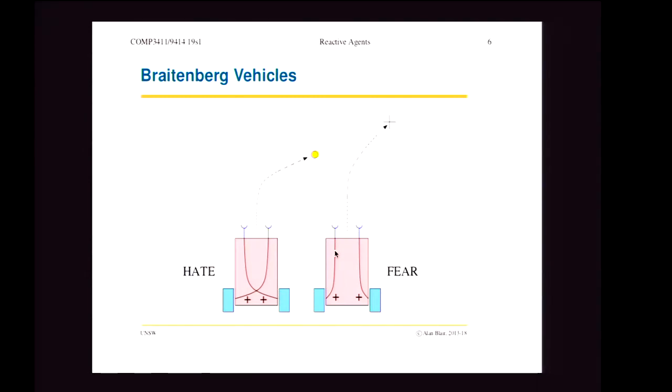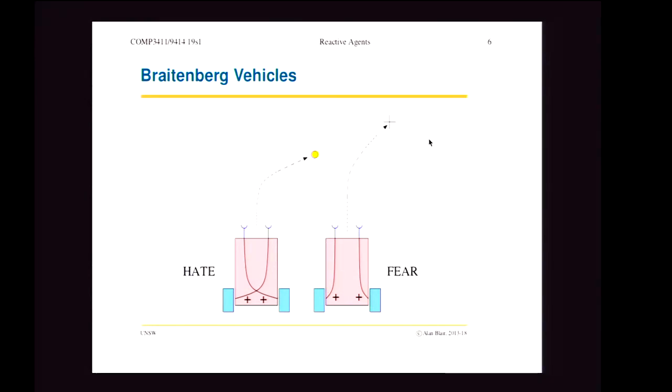Well, when the light is there, it will move forward. But in this case, this is the sensor that's going to respond more strongly. So that wheel will turn faster, so it'll actually turn away from the light. It'll go forward, but it'll turn away from the light.